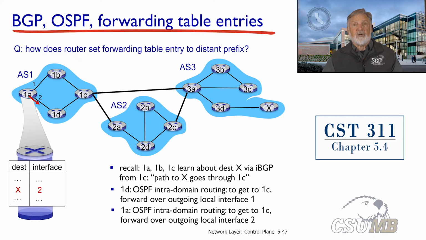These AS1 routers know that they must send packets to destination X via gateway router 1C. Again through OSPF, AS1 router 1A determines the lowest cost path to router 1C is now via its interface 2.